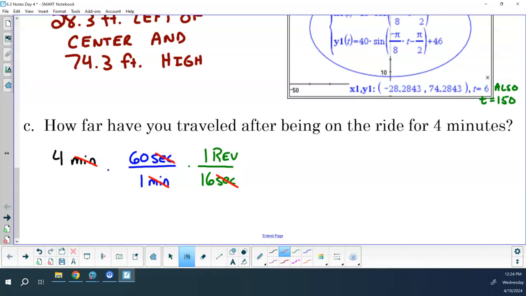How far in distance is 1 revolution? Yes, ma'am, it is 2 pi times radius.